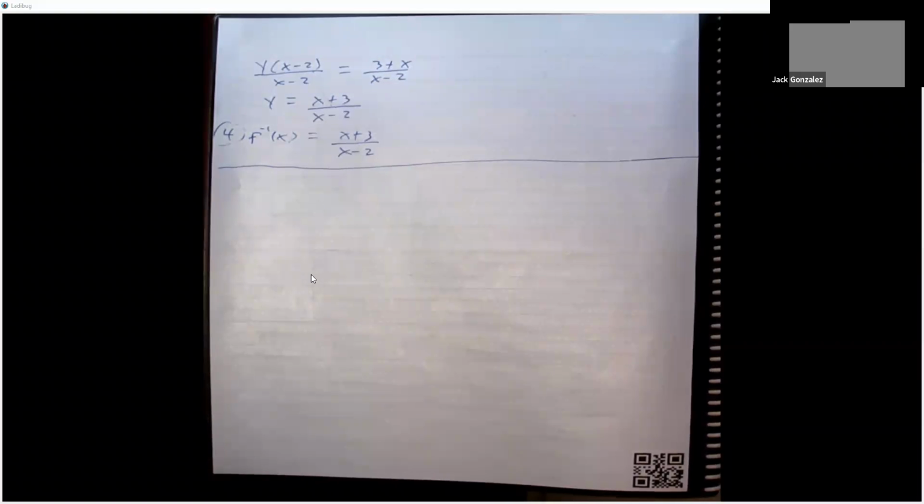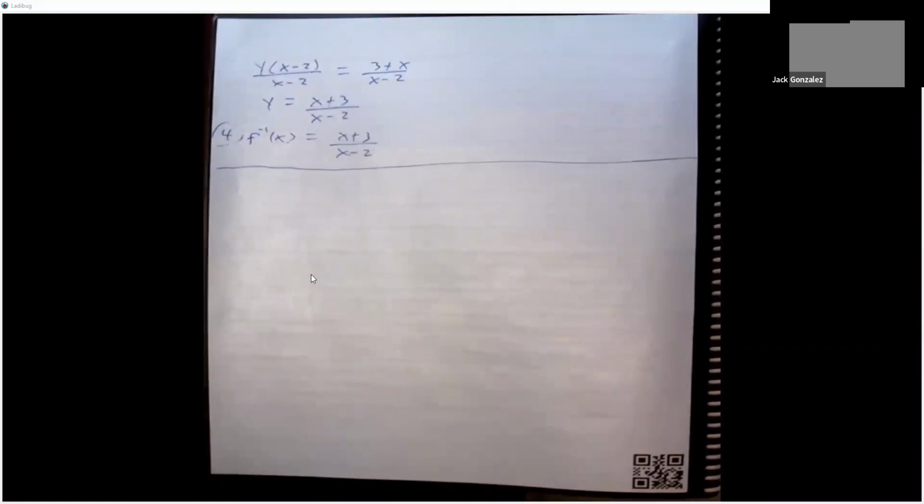Sorry, what section was it? I finally got my book open. 2.7. Okay, 2.7. Numbers 39 and 40.